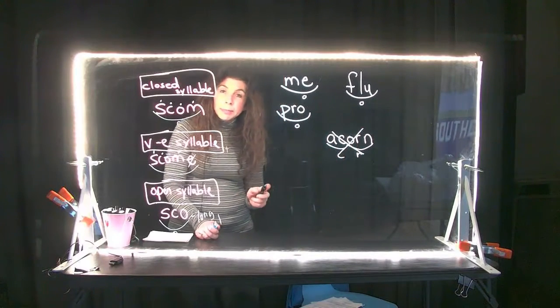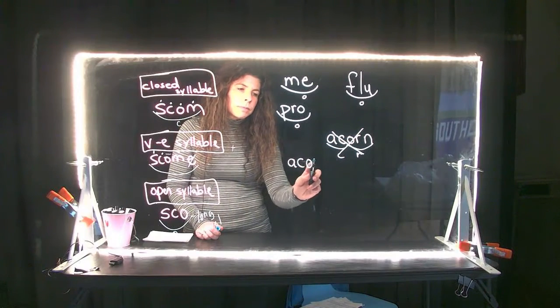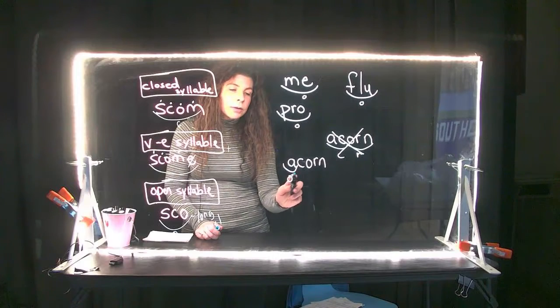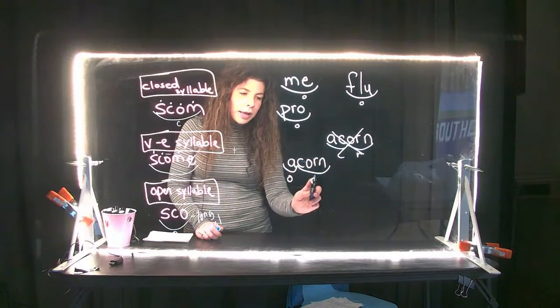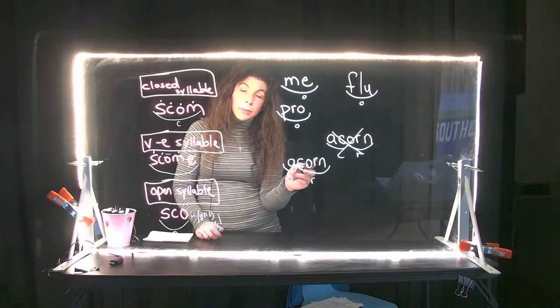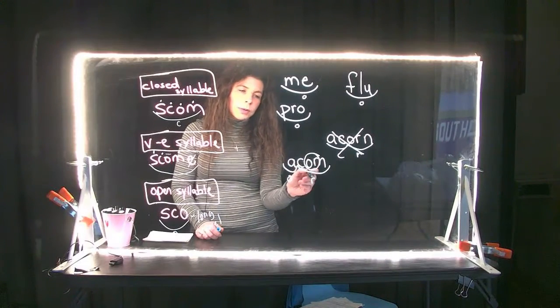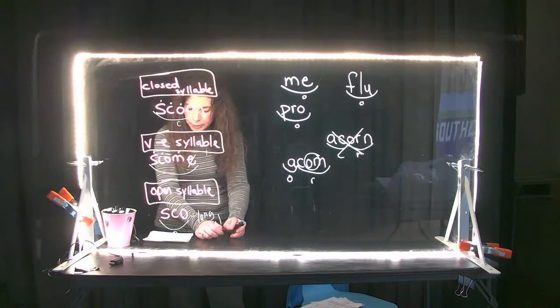Let me see if I can split it up into an open syllable. A corn. Oh, I have heard of an acorn. Remember, third grade, we haven't reviewed this yet, but you know this from second grade. O-R, horn, or. That's an R control syllable. Acorn. There's your open syllable.